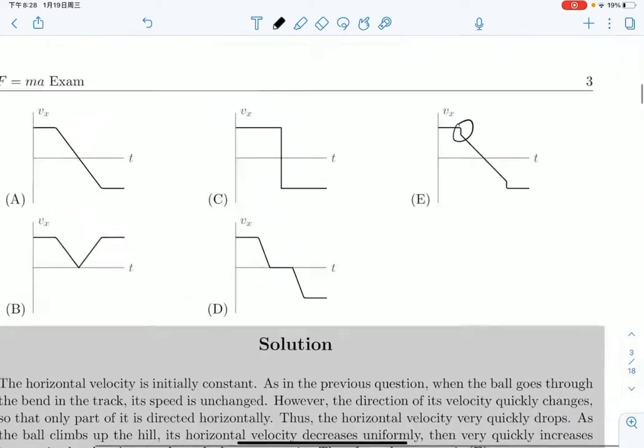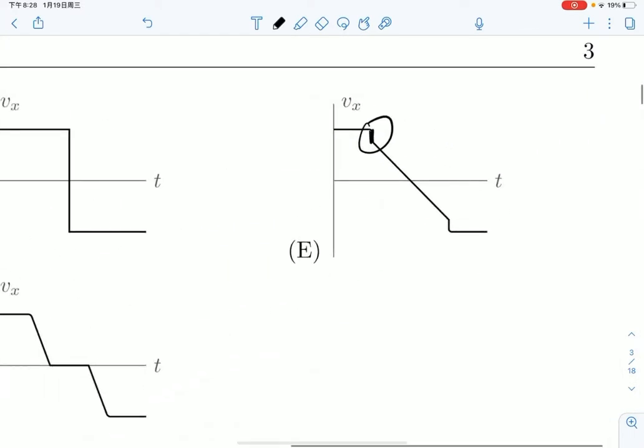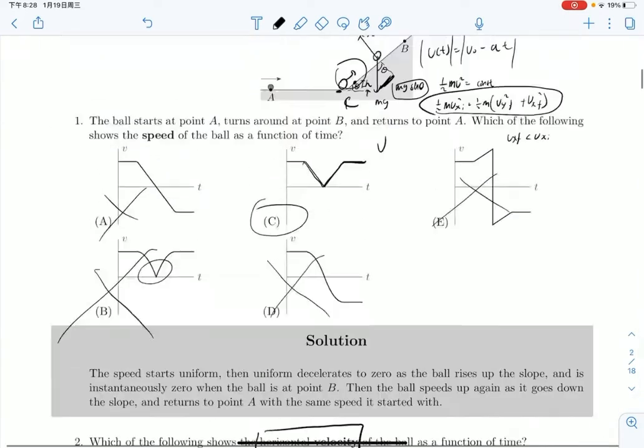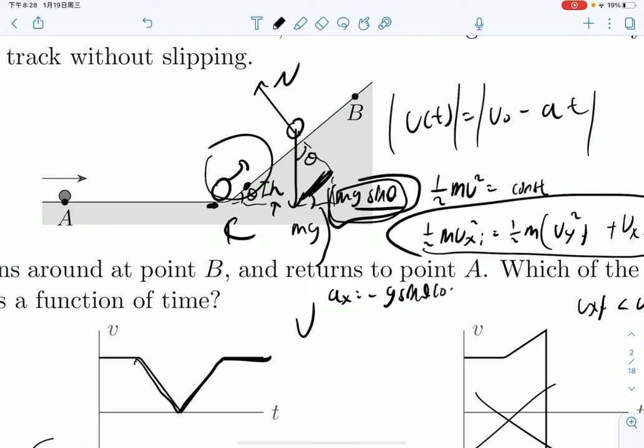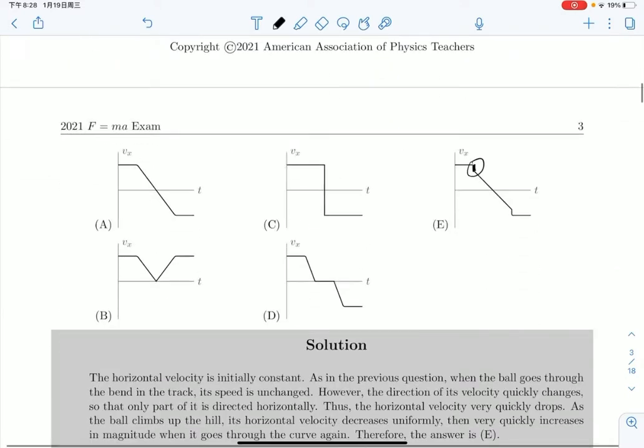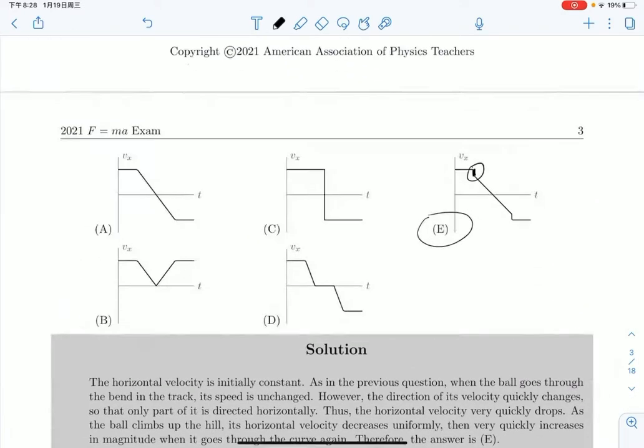So basically, that's why you will have a turn over here. And because the acceleration over here is g sine theta, if you separate the components into x and y, you will have ax equal to negative g sine theta times cosine theta, which is also constant. So it will be a straight line. So the answer is C.